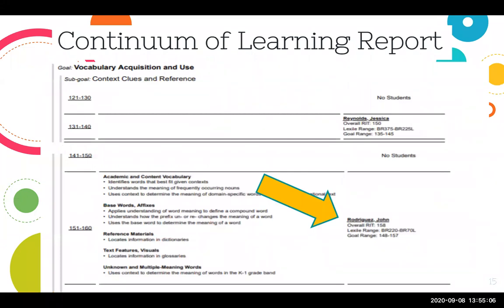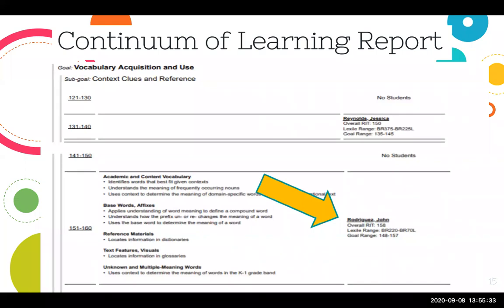This report shows where John falls in the continuum of learning as it relates to our focus area. It helps highlight John's strengths and areas of need and hones in on his zone of proximal development. By extracting this information on each student's just right level, where they fall on each strand and substrand, teachers are able to begin to design appropriate next steps.